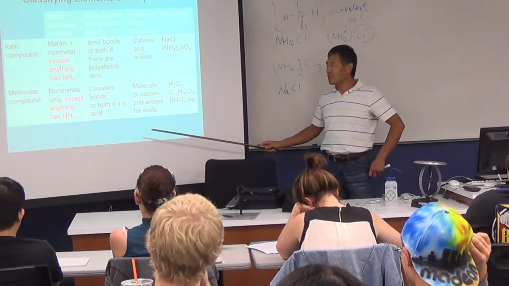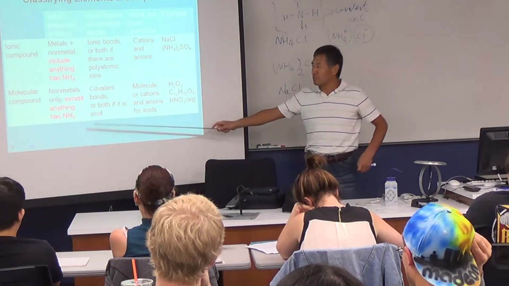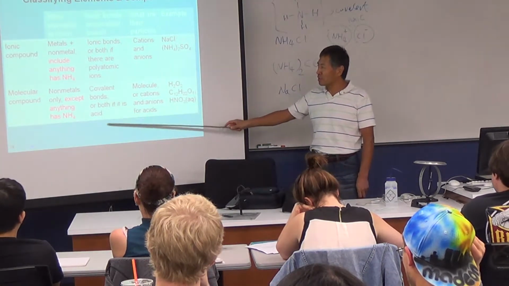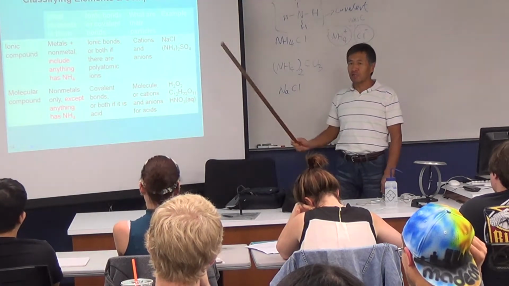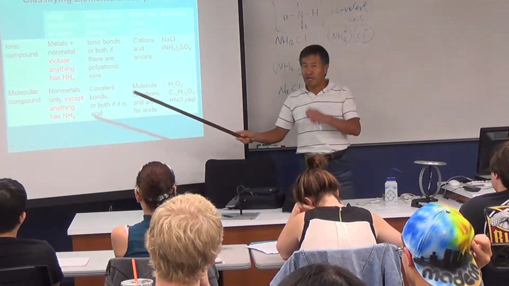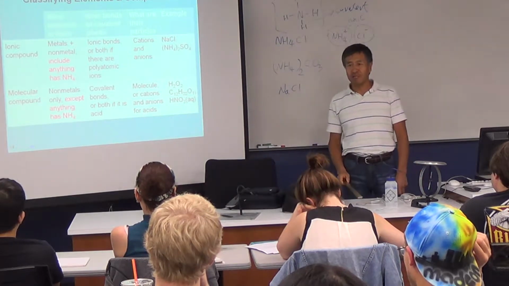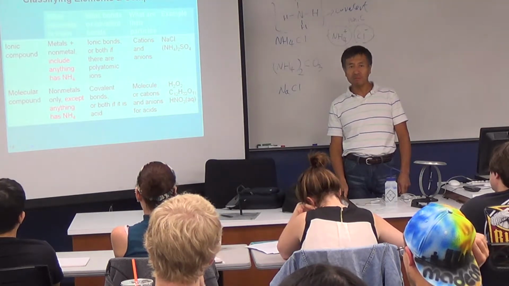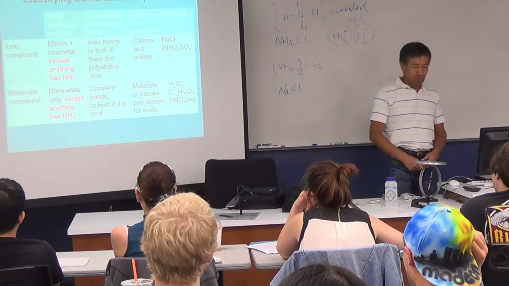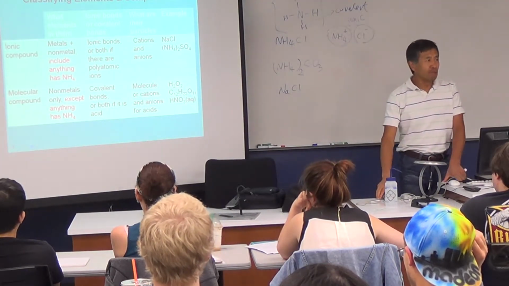If you don't think that is important, you can forget about what I wrote here. Just think about metal plus non-metal, or all non-metals, with the exception I mentioned. Any questions?